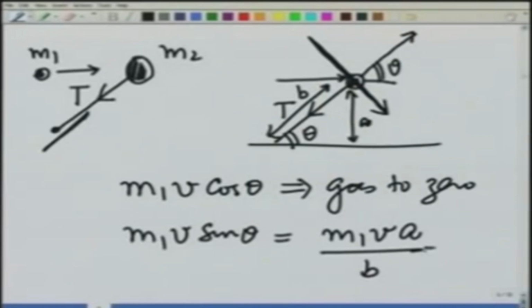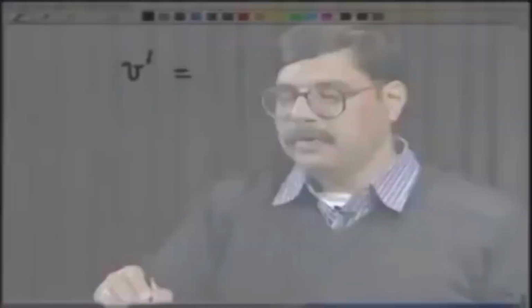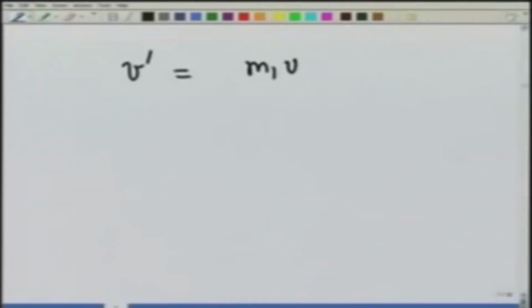This is therefore going to be (m1 plus m2) times v prime, where v prime is the new velocity in this direction, and this gives me v prime equal to m1 v a over b(m1 plus m2).